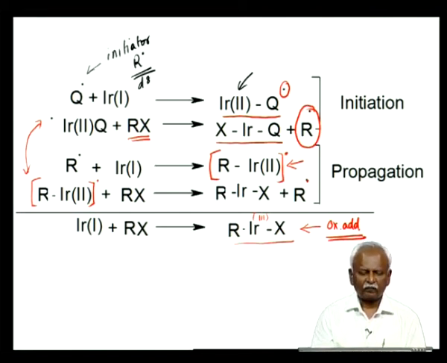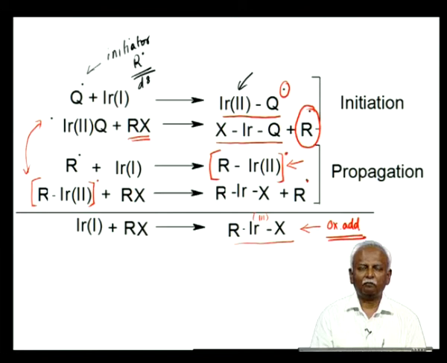So, you can see that radicals can induce this type of reaction, and whatever was studied with methyl was in fact fortuitous, because methyl is a substrate which has very little steric interaction, and iridium can do a nucleophilic substitution reaction on methyl halide very easily and carry out this nucleophilic attack, and all the factors that we had looked at with methyl halide point to the fact that you have an SN2 type of reaction.